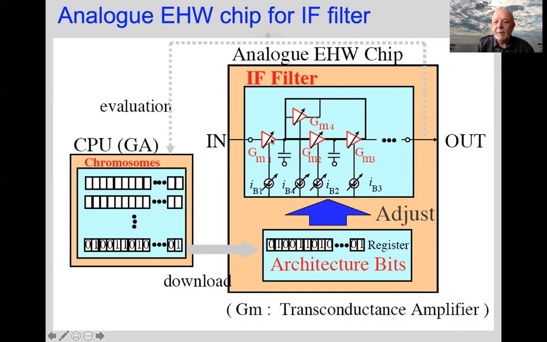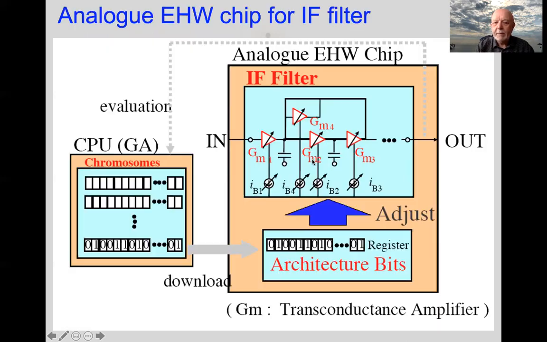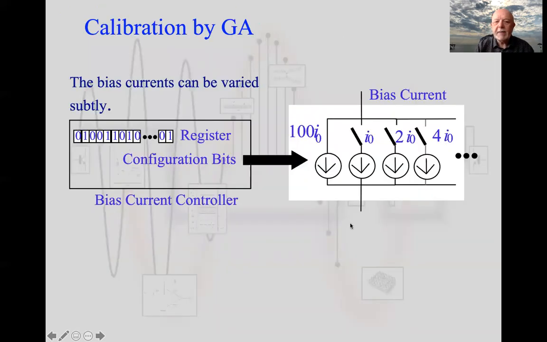The idea was to get this intermediate bandpass filter back into its characteristics after fabrication. Here is a slightly more detailed example. Now we're looking at the bias currents for each of the transconductance amplifiers.